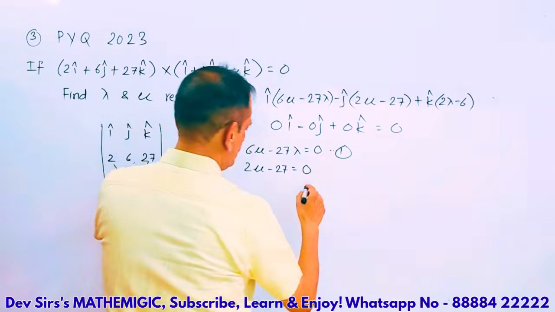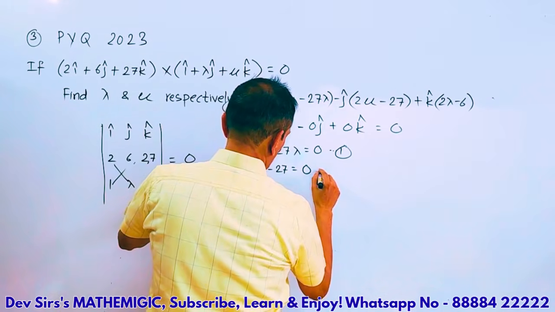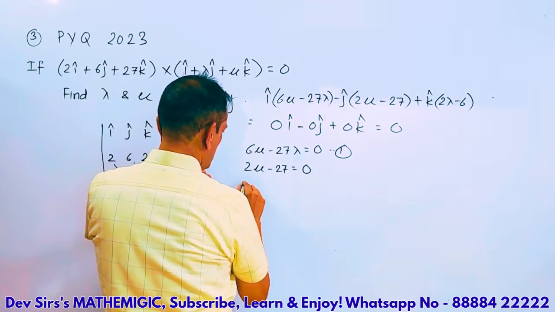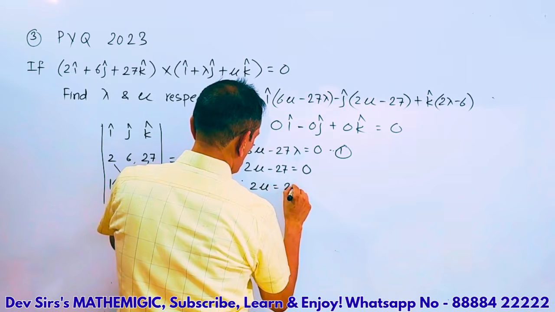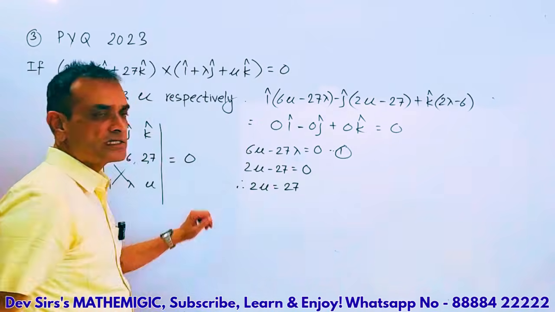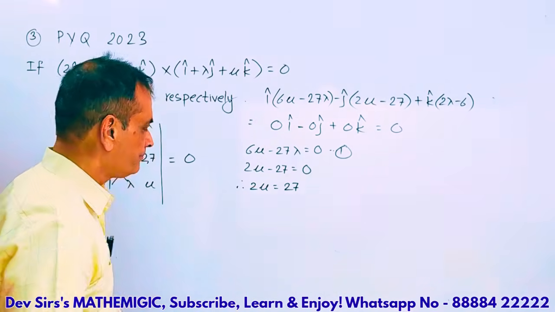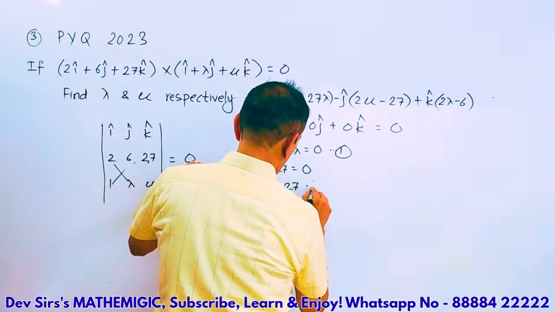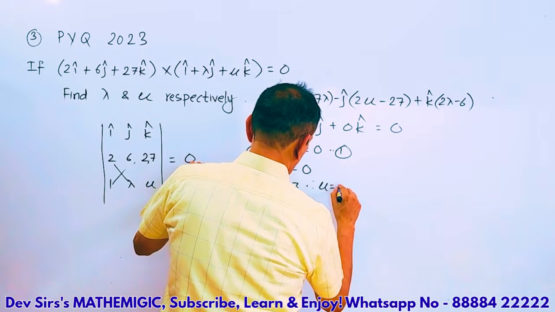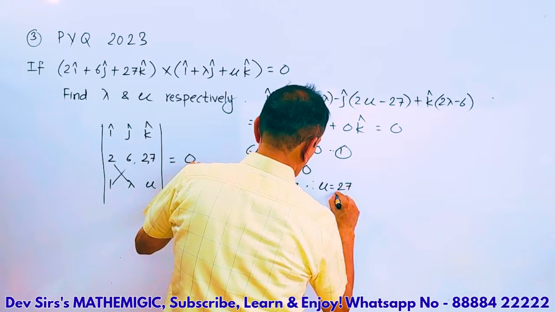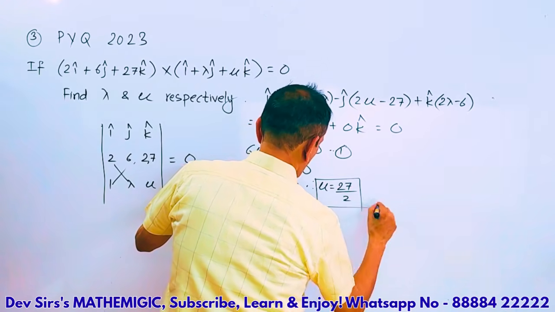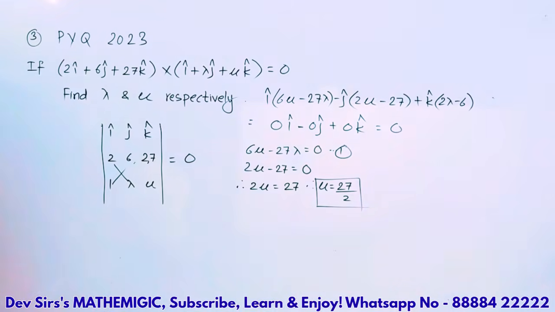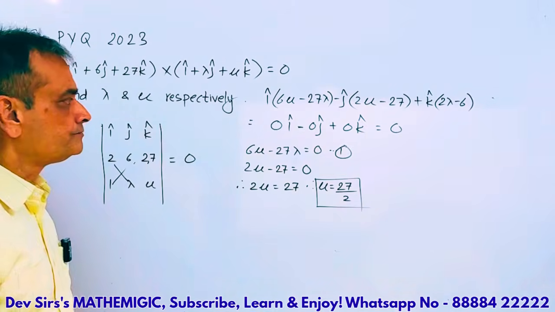Equation 2. That is, take minus 27 on the right hand side. One value we got: 27 upon 2.